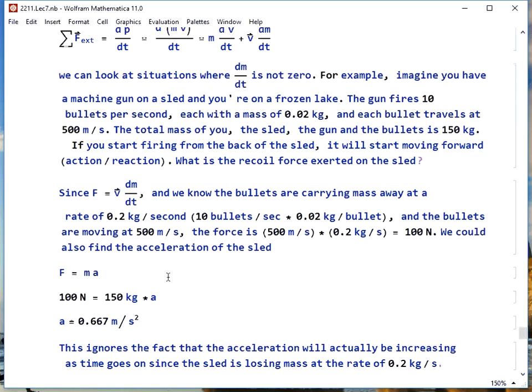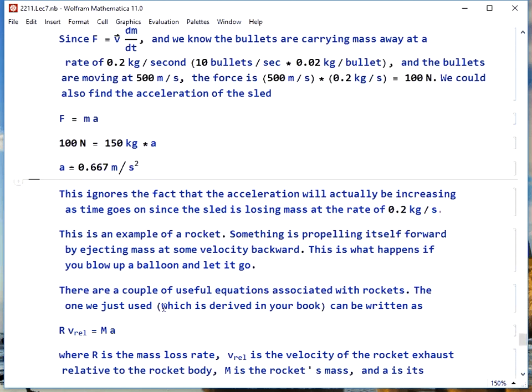We can use that to find the acceleration of the sled. 100 newtons applied to a 150 kilogram sled will give us 0.667 meters per second squared. In reality, it's a harder problem because the acceleration will actually increase a little bit as time goes on, since this 150 kilograms is dropping by 0.2 kilograms per second.